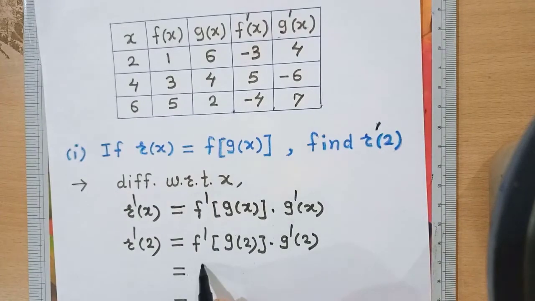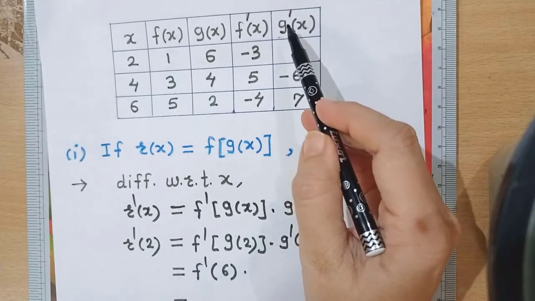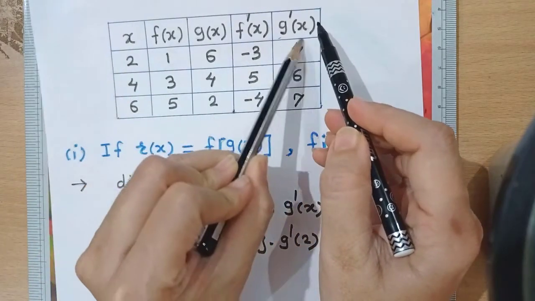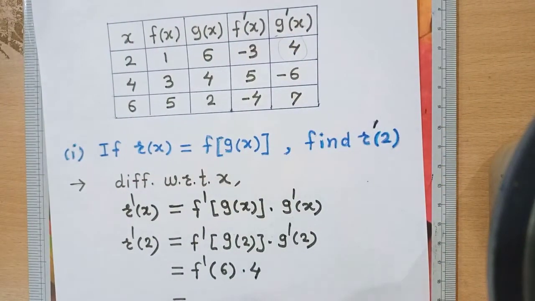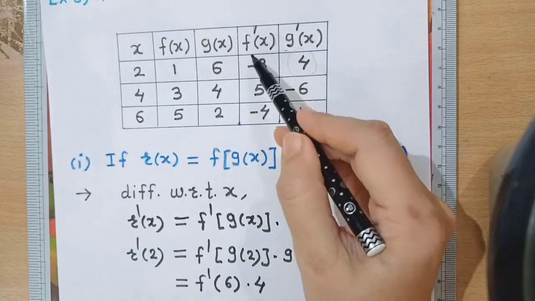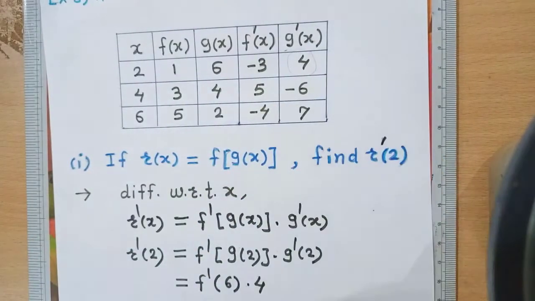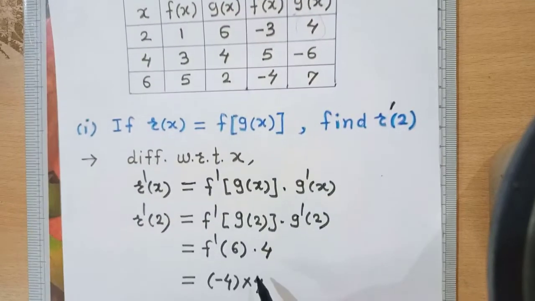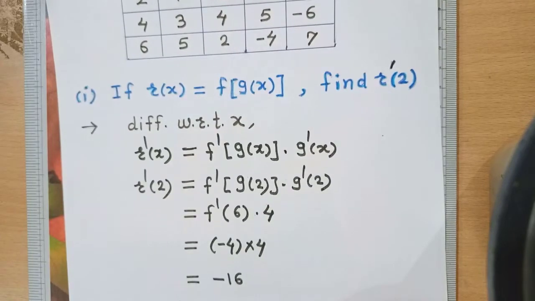So we will write here f dash of 6, and g dash of 2, this is g dash, and 2 means this value is 4. So I'll write here 4. Again check f dash of 6, this is f dash column and this is 6, so this value is minus 4. So minus 4 multiplied by 4, and that is equal to minus 16.